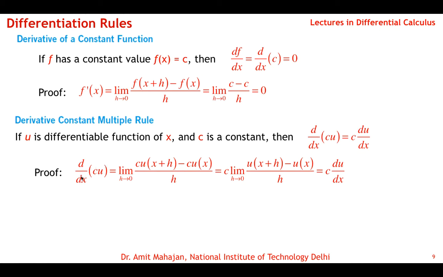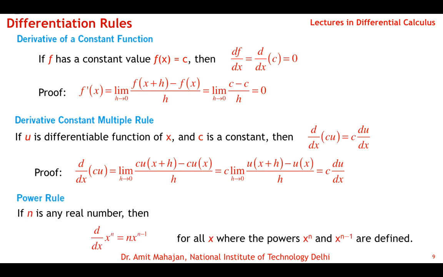Since u is a differentiable function of x, by definition we can write the limit as h tends to 0 of the function value at x plus h minus the function value at x, divided by h. Because c is a constant, we can take it outside, so it is c times the limit as h tends to 0 of this, and because u is differentiable, this limit definition says that it is du by dx. So the derivative of a constant times u is the constant times the derivative of u, with respect to the same variable x.